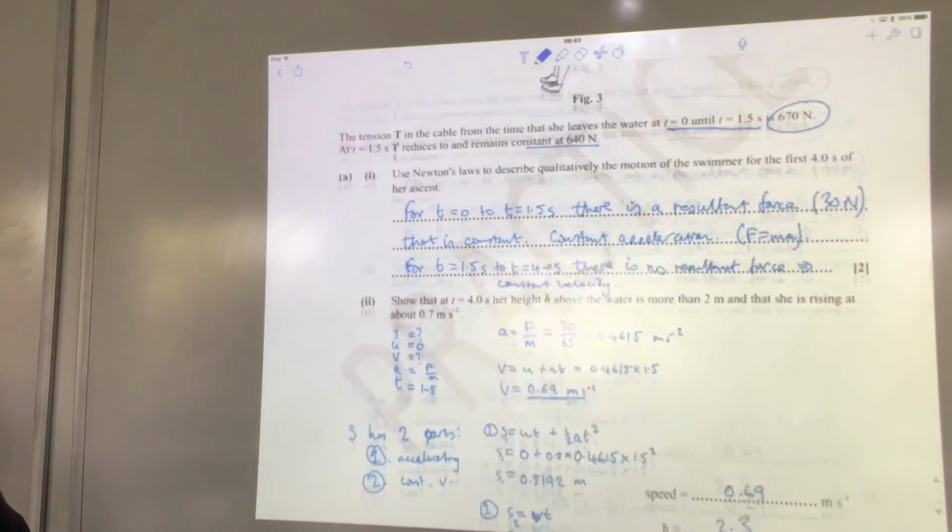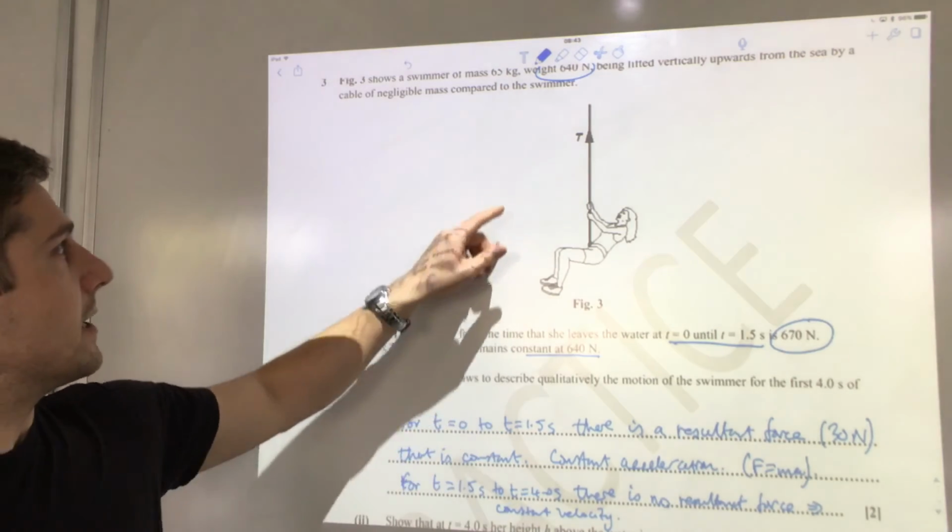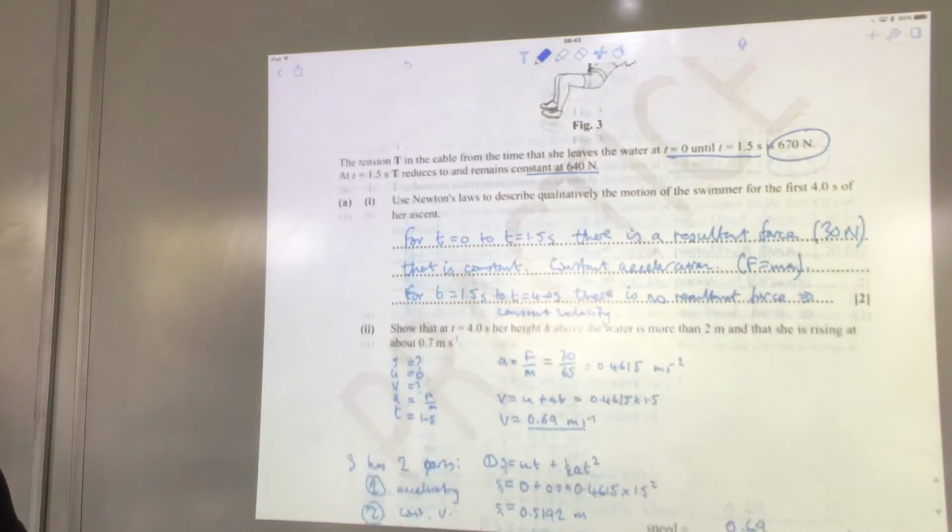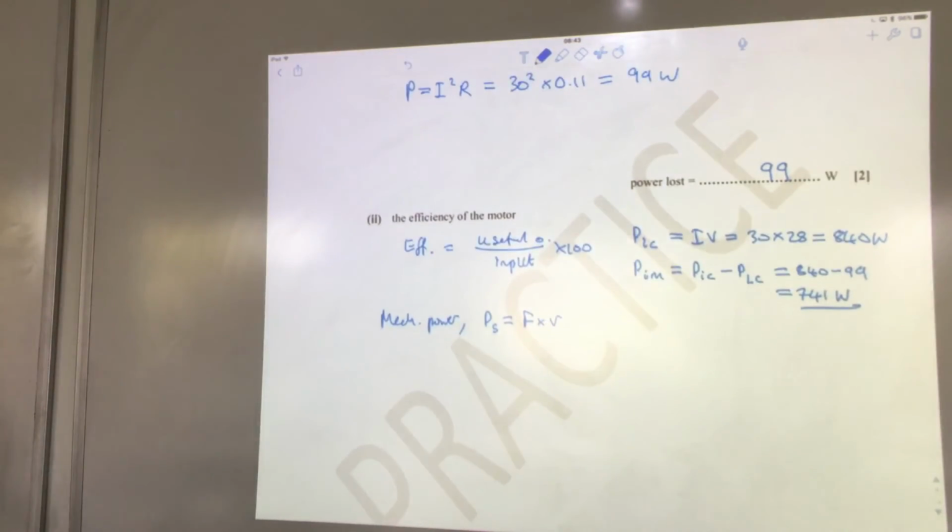Back up here, her weight is 640. So 640 multiplied by the speed that she's going at, which is 0.7. The power to the swimmer is 640 multiplied by 0.7. That gives us 448 watts.